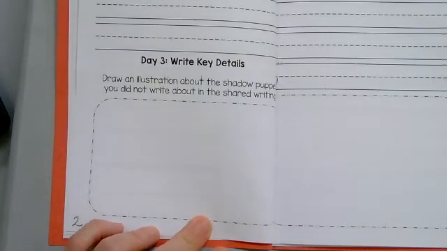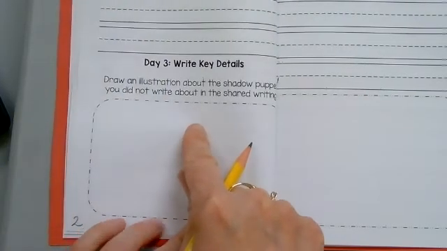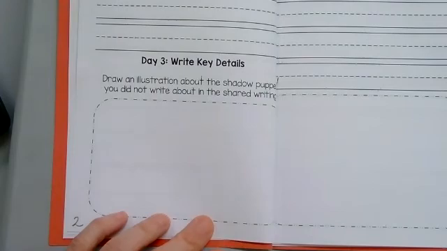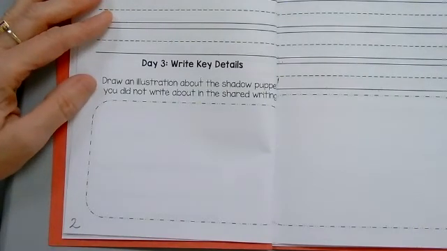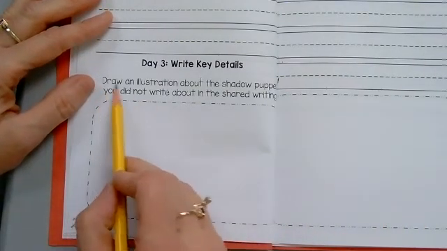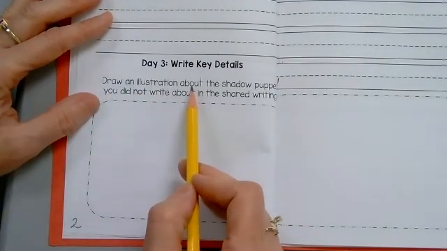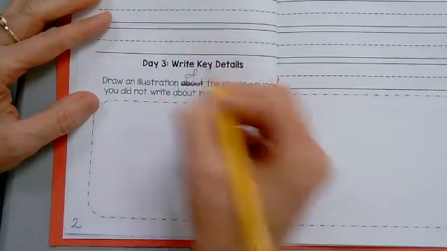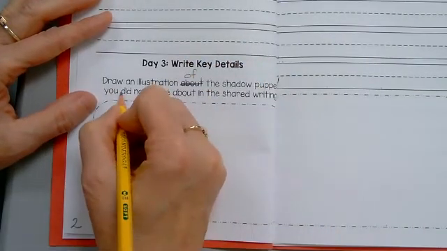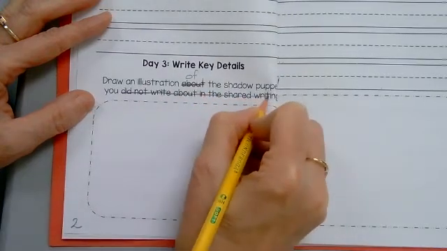And again, I want you to draw an illustration of the shadow puppet that you can create with your hands. There's no writing to complete today, so I am changing those directions as I mentioned earlier. So just draw an illustration of the shadow puppet that you created with your hands.